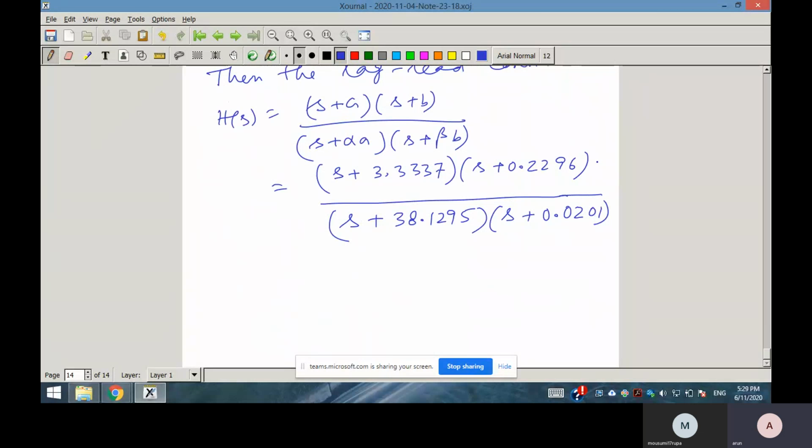So now, how to realize a lag lead controller? That part we will now see, the lag lead controller implementation. I will go to the next page.